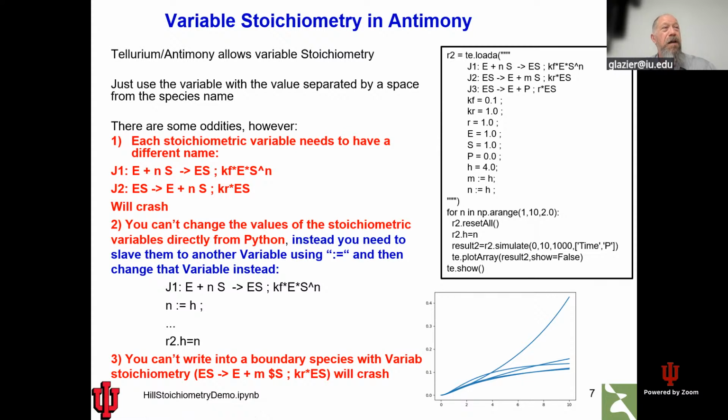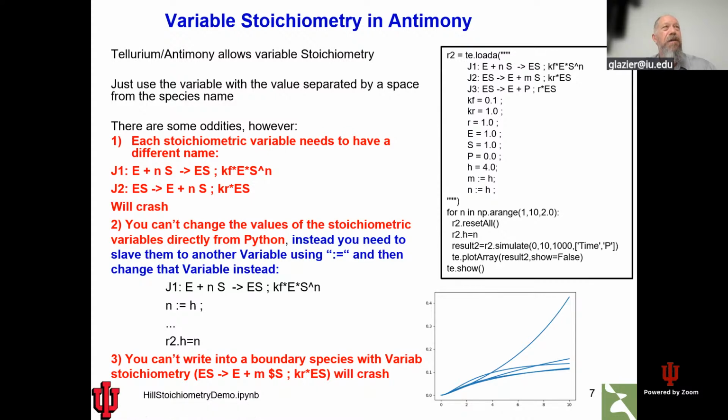And then the reason I dropped this as an example was I was going to have us calculate the Hill functions for different exponents. But to get the Hill function, this calculates the time series for different exponents, and that works. But the natural way to calculate the Hill function is what we did last week, which would be to put a $ sign in front of the S to freeze the concentration of substrate.